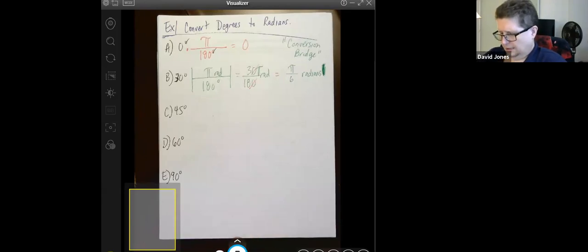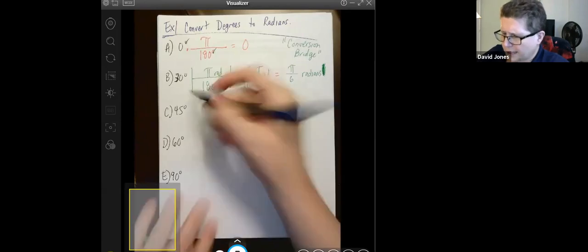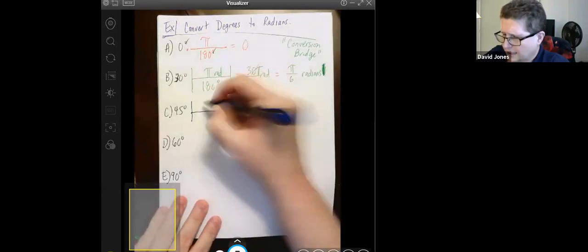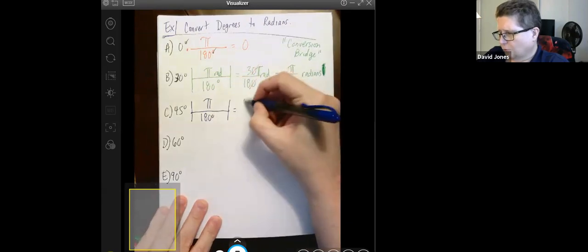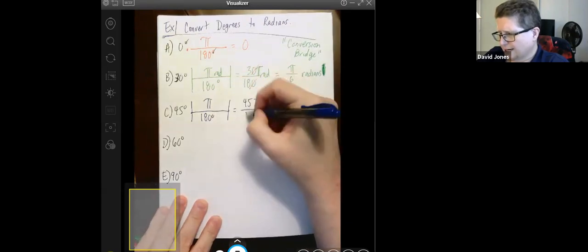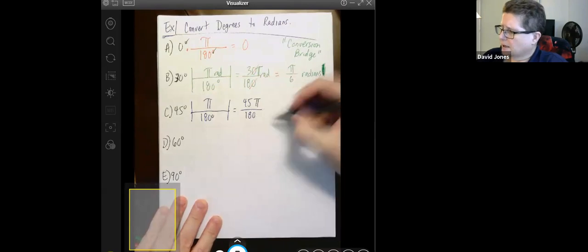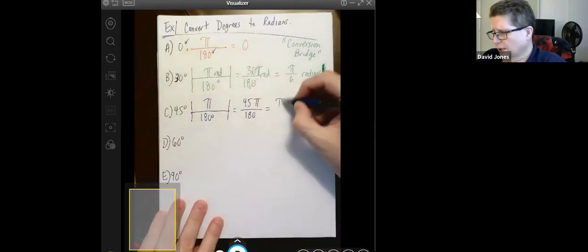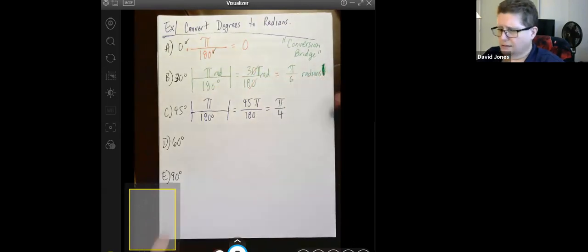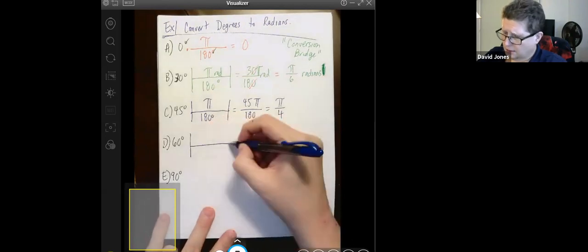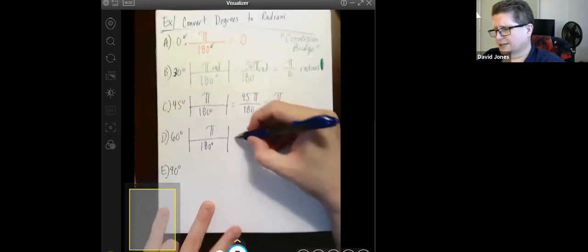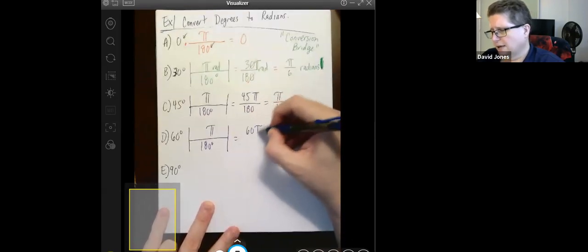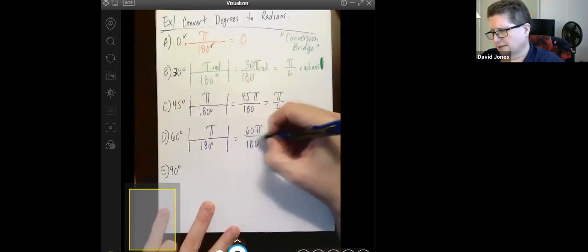All right. So we'll multiply each of these by pi over 180. 45 pi over 180 degrees. This actually turns into pi over 4. The radians cancel again. We have 60 pi over 180.